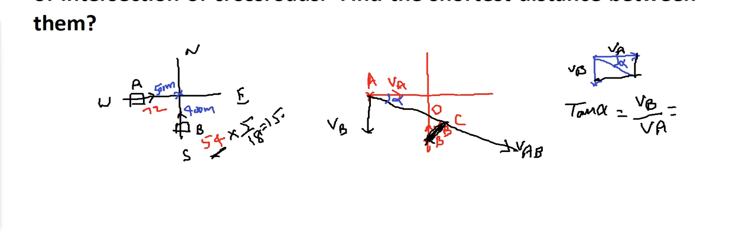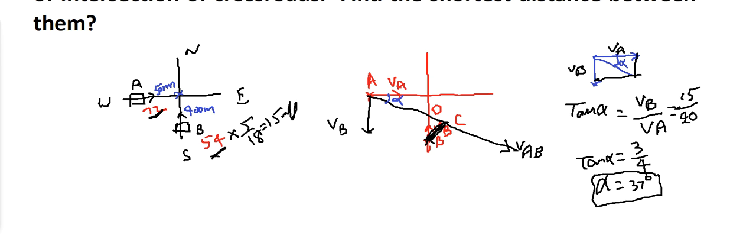It is 15 meter per second. So 15 divided by 72 kmph. 72 into 5 by 18, 20. So nothing but 3 by 4. If tan alpha is 3 by 4, what is alpha? 37 degrees. So now this value is alpha, 37.